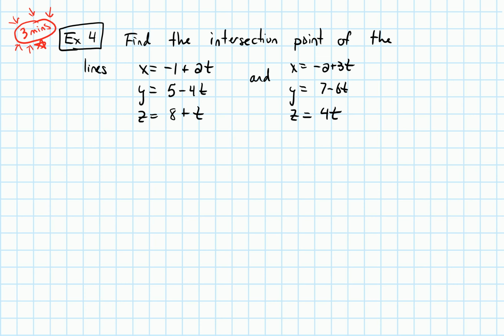Okay, so let's talk about this together now. So I'm going to call this first line, line 1, and the second line I'll call line 2. So there is an important hypothetical that I want to consider here.